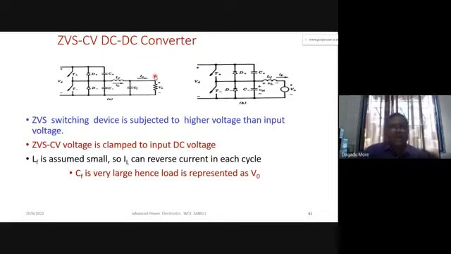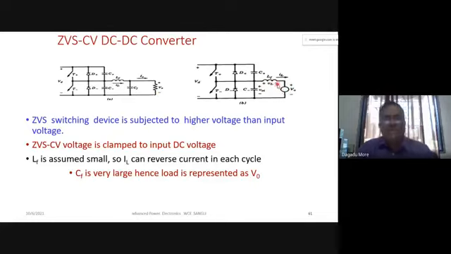Here we assume CF has a large value and LF is small, so we represent CF and the load as a voltage source VO. The output load is represented as VO.